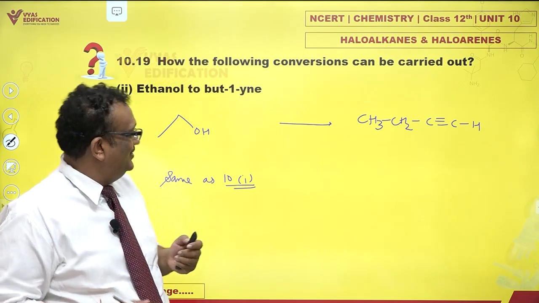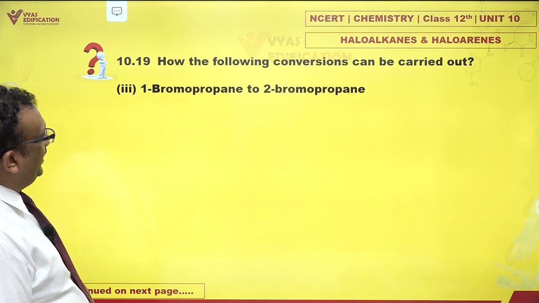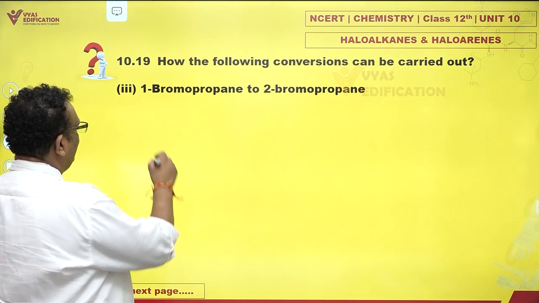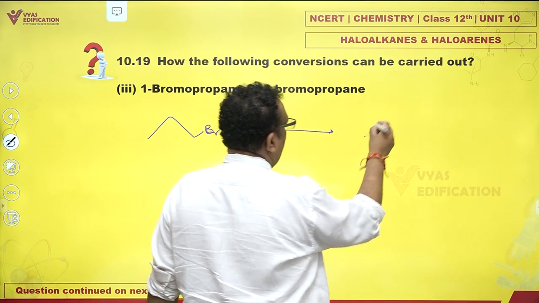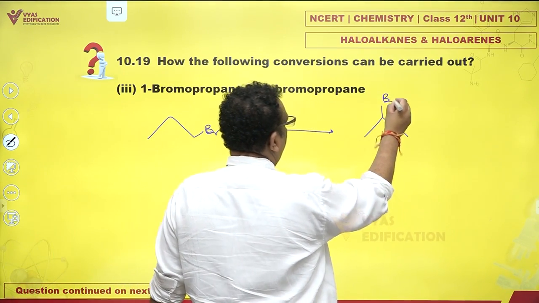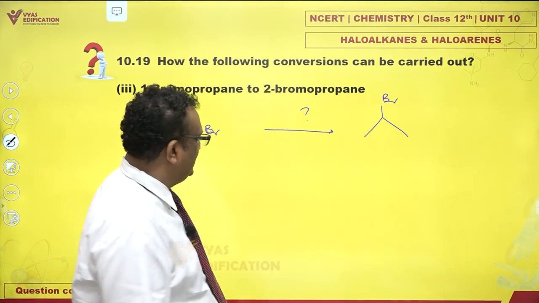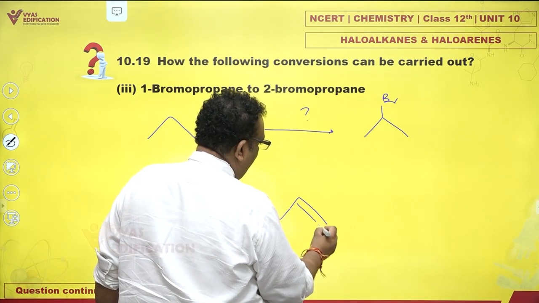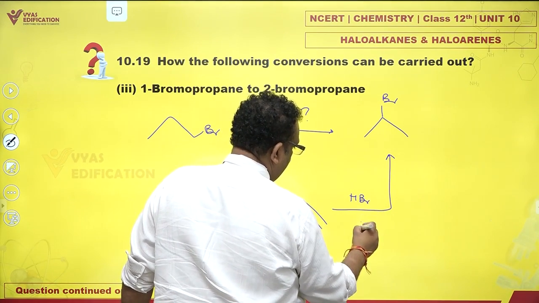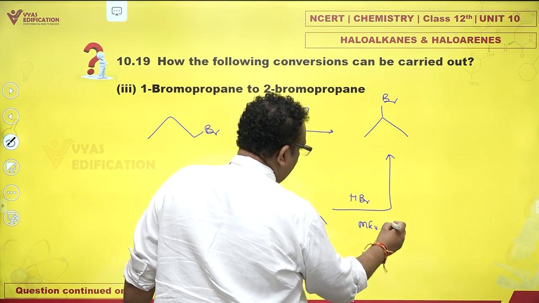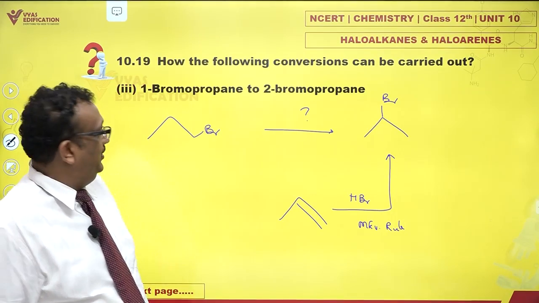They have repeated questions. And then we have 1-bromopropane to 2-bromopropane. Very interesting again. 1-bromopropane changes to 2-bromopropane. How do we do this? We could actually do this in 2 steps. If you have propene by any chance, and if you add HBr by Markovnikov rule, you will surely have 2-bromopropane.